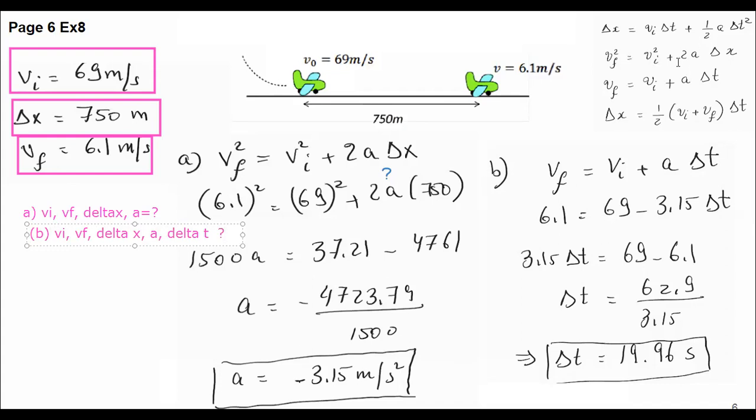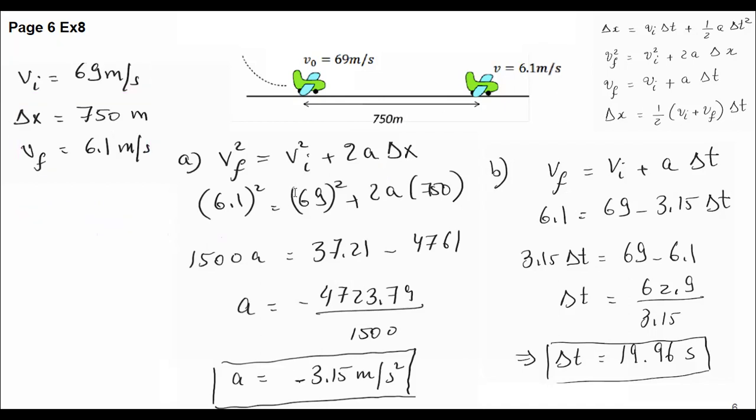Let me tell you that you can use any equation that has delta T and you can solve it. Because here you have delta X, you have V initial, you have acceleration, and you can calculate delta T or use the last one or use the third one. I used the third one. For V final is 6.1, V initial is 69, acceleration, I have it, so I get delta T. Okay, by some math calculation.